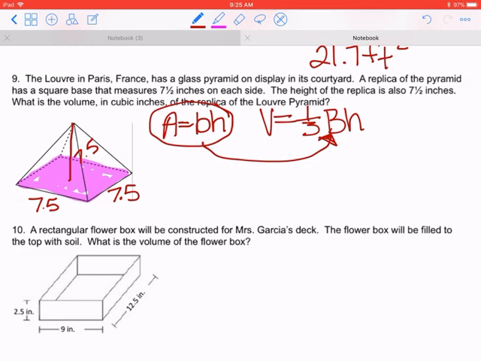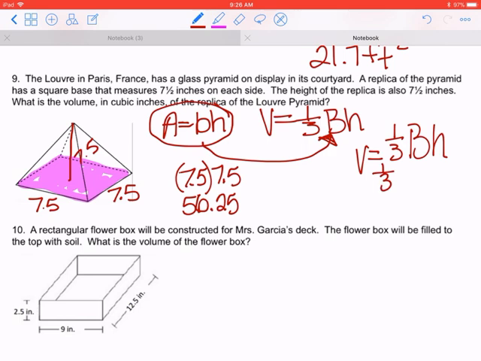Since my rectangle is actually a square, the base and height are the same, which is 7.5. When I multiply those two together, I get 56.25. That number will replace the big B in my formula.